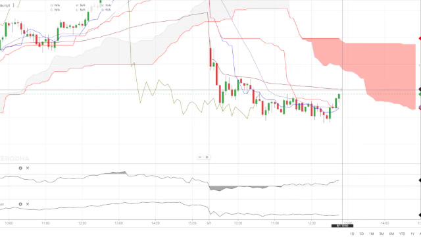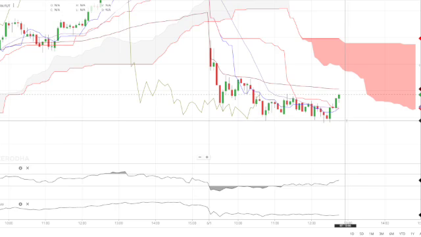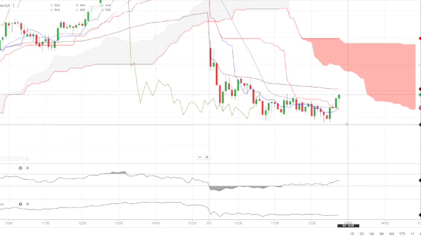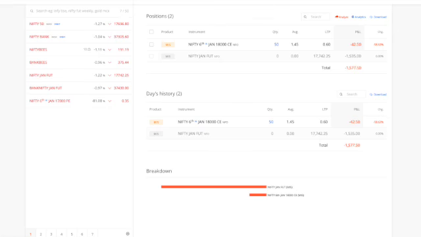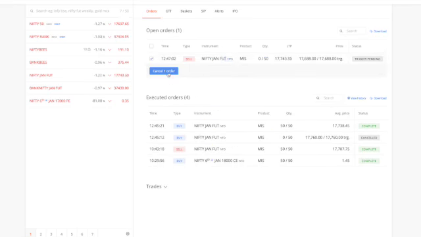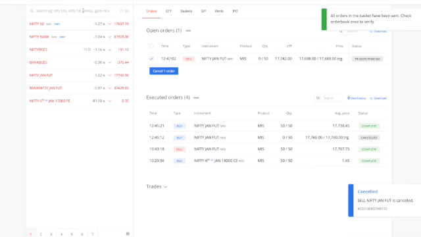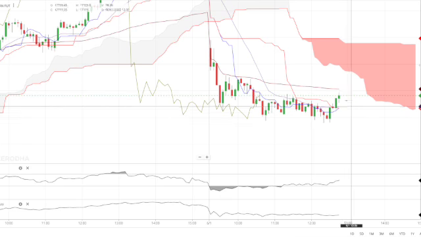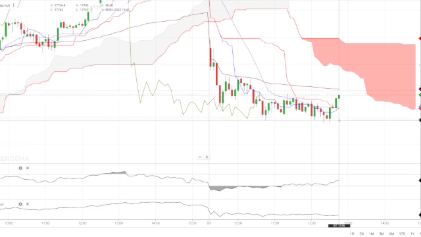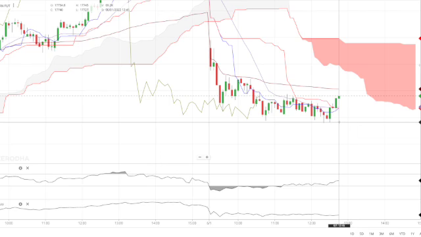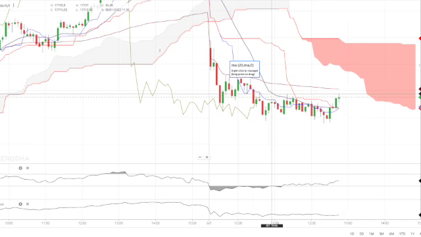So should it take resistance here and then come back down, and then my short would be triggered, would be better. So I'm going to go ahead and cancel this order, the sell order that I had put, because I'm not going to just blindly trade this. I'm going to set an alert. So let's see, I'll set an alert for when price is at 17,700, and then come and revisit this chart.